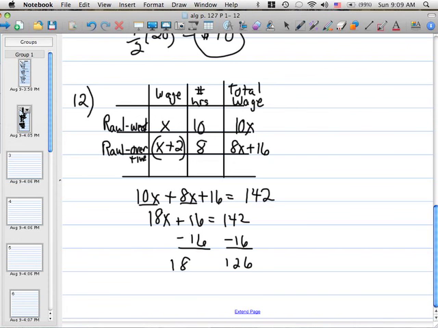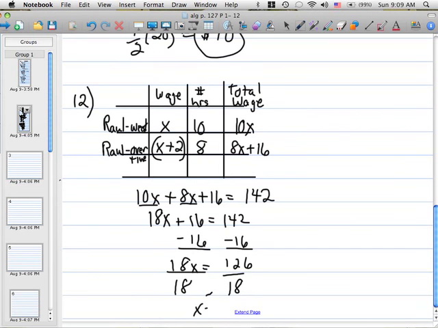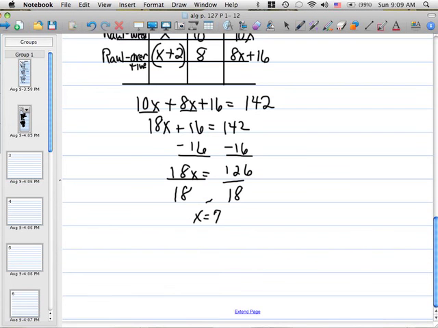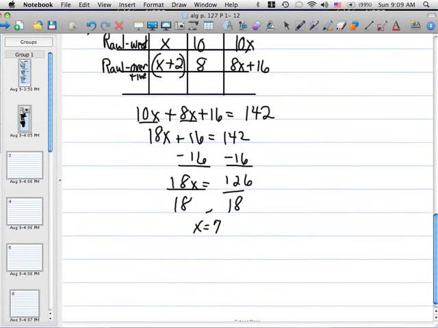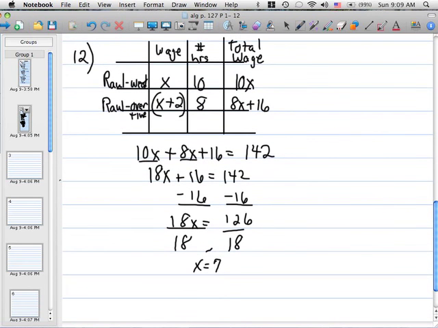We get 18X equals 126. Divide by 18, and it goes in evenly 7 times. So he worked for $7 an hour. The question is, how much did he make per hour on the weekday? He made $7 an hour.